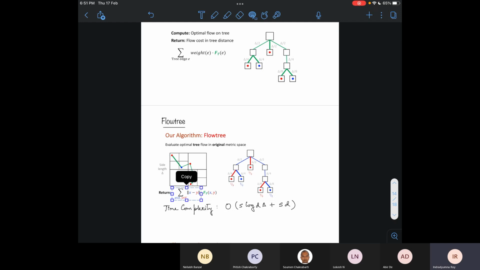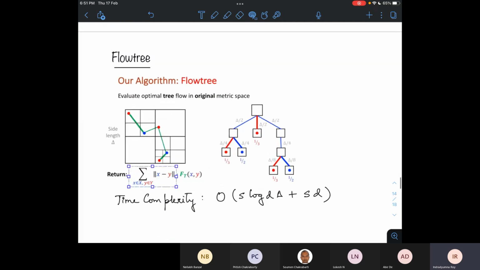So this is no longer an embedding. It can no longer be embedded into the L1 space, because embedding into the L1 space was predicated on finding the distance in the tree metric, since we are embedding the tree edges into the L1 vector. But since it's now computing the distance in the original space, it can no longer be an L1 embedding.